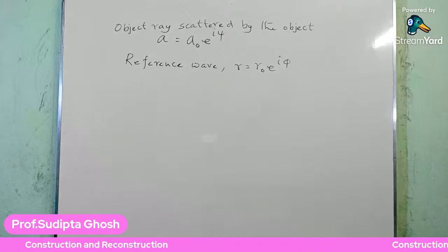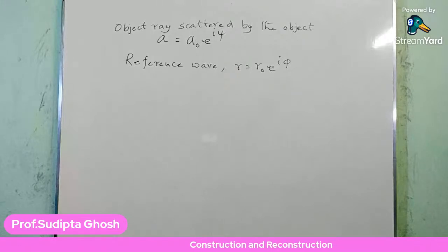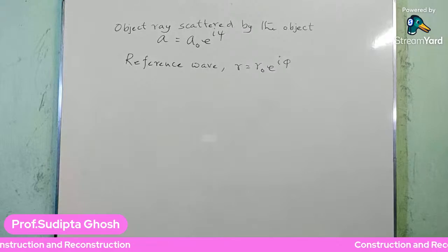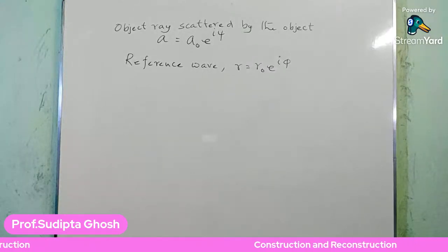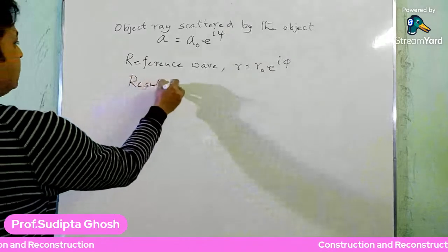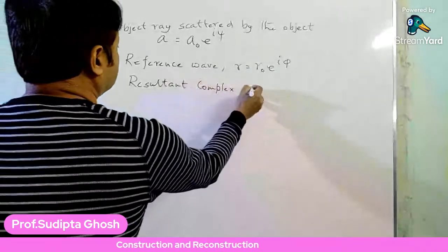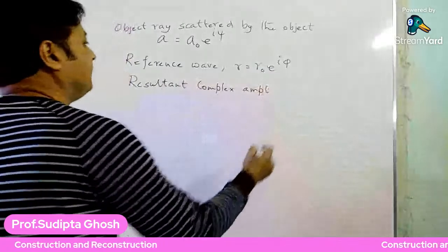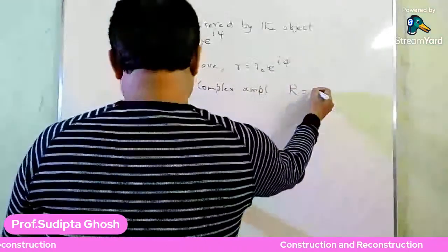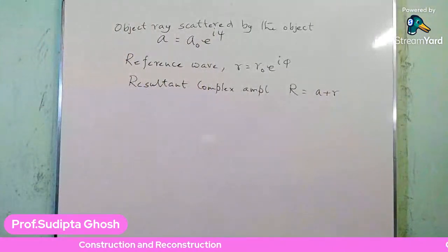As I have told, in this entire process these two rays are coherent in nature. That means the phases of these two rays are correlated, and hence the resultant complex amplitude will be capital R = a + r. So that is the resultant complex amplitude.